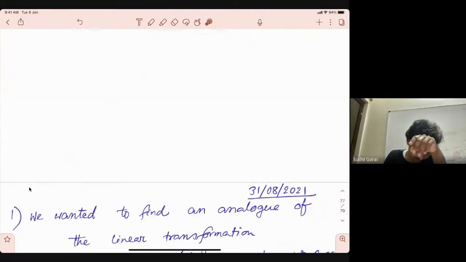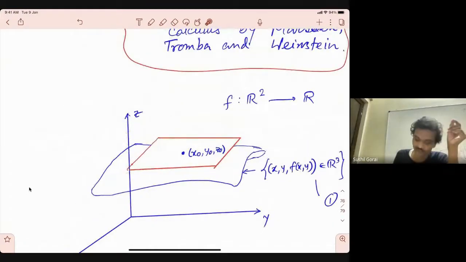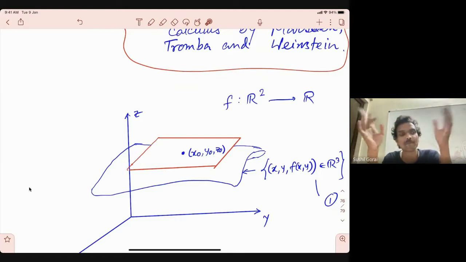But this is actually not true, right? So you have this graph something like this. Suppose you have a soccer ball, and wherever you move by translation, it will remain a soccer ball. It cannot be a plane. So a soccer ball is not a graph. That might be your argument.